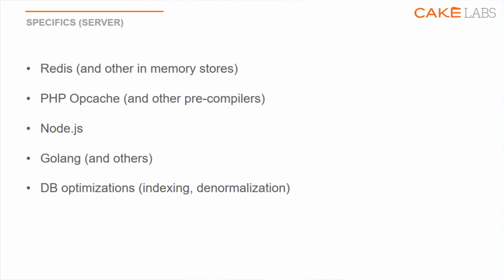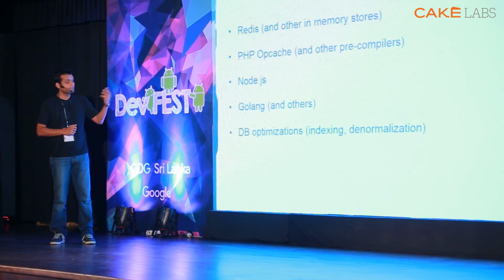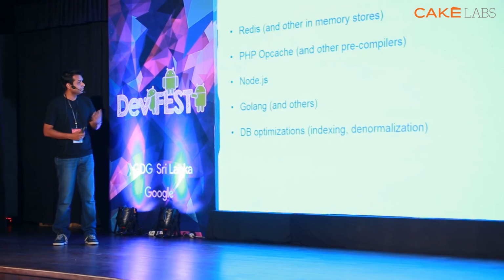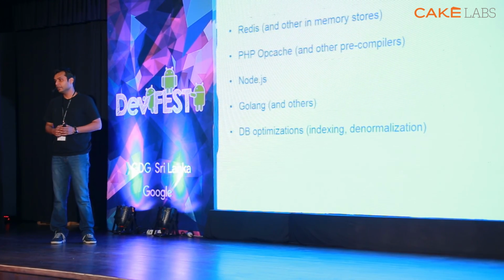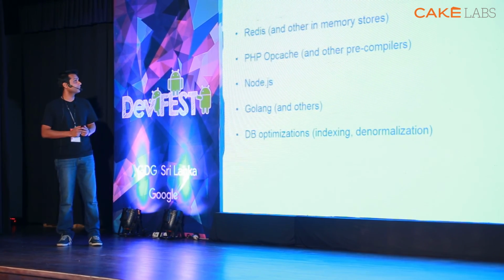On the server side, if you're using a database, one thing you can do is use an in-memory key-value store like Redis. Most often used data sets, you can store there. Or if you are using an interpreted language, you want something like the PHP opcache, if you're using PHP, or an equivalent in another language, so that you're not interpreting the same code over and over again each time you get a request.